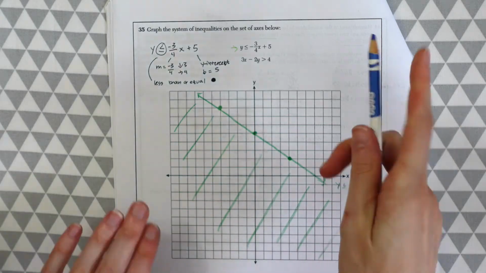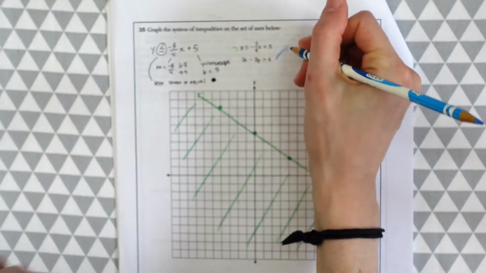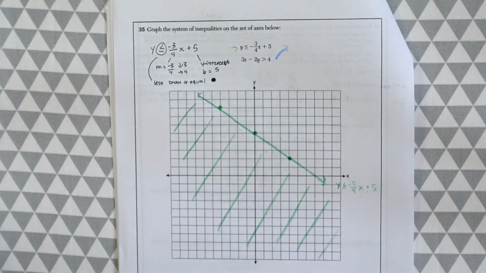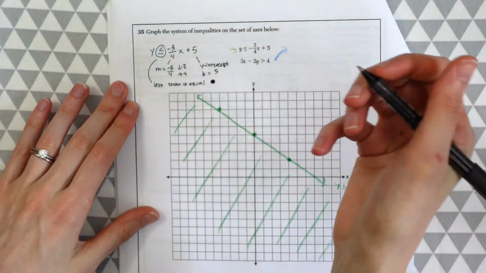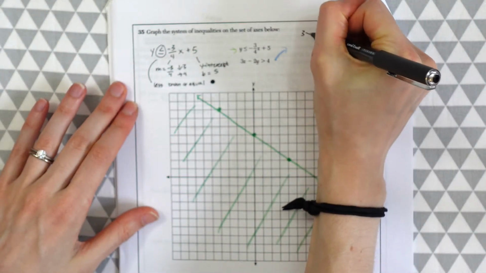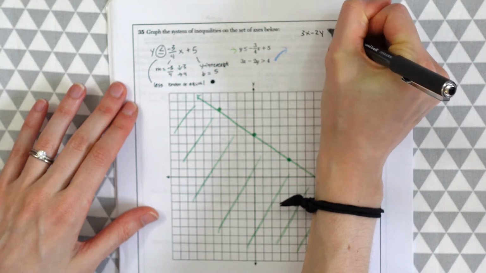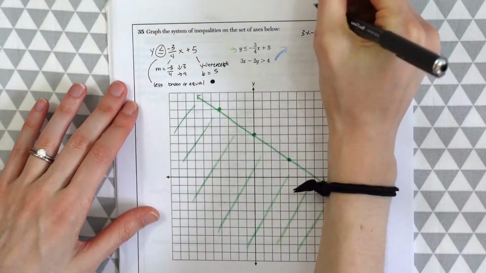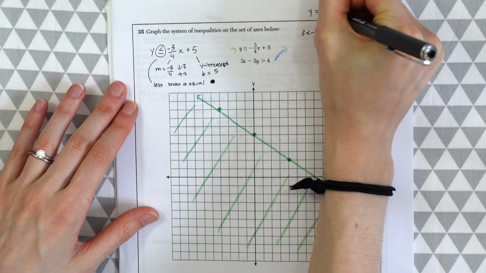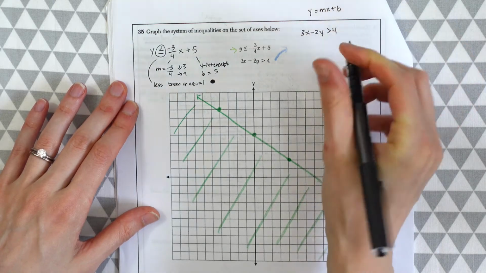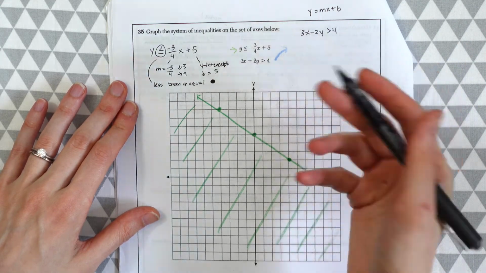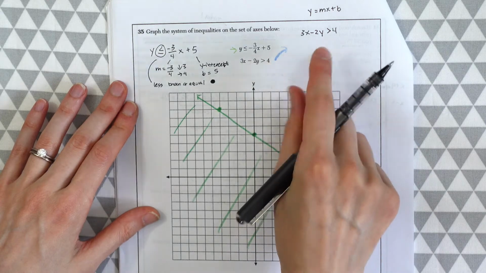So now let's graph our second equation. Notice this one is not in y equals mx plus b order, so we're going to have to move it around a little bit. So 3x minus 2y is greater than 4. But we want it in this format. Even though we have an equal sign here, we're going to move it around with the inequality there.